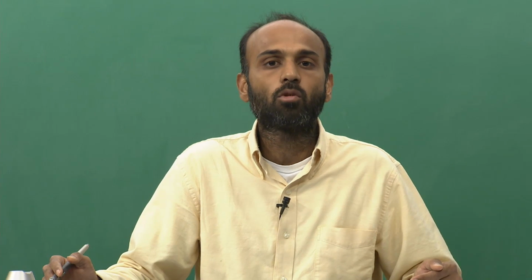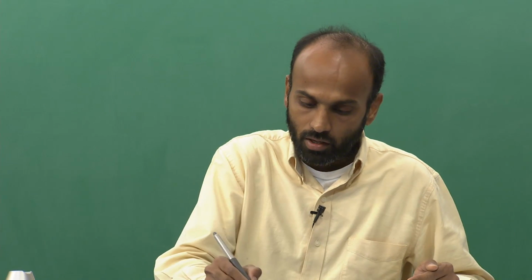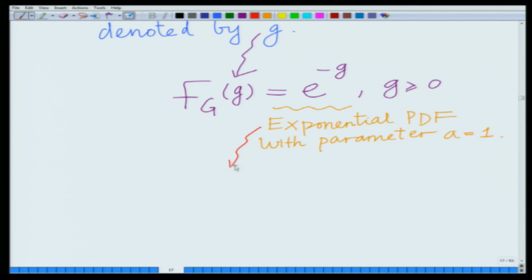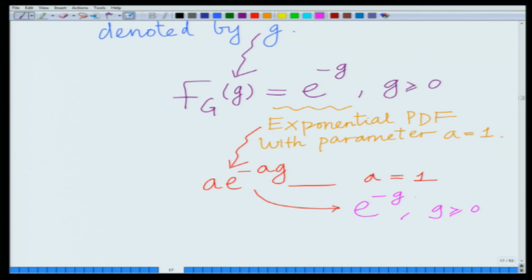Remember, in the previous module we had seen the exponential probability density function, which is a parametric distribution, a e to the power of minus a g. If we set a equals 1, then we get e to the power of minus g for G greater than or equal to 0.